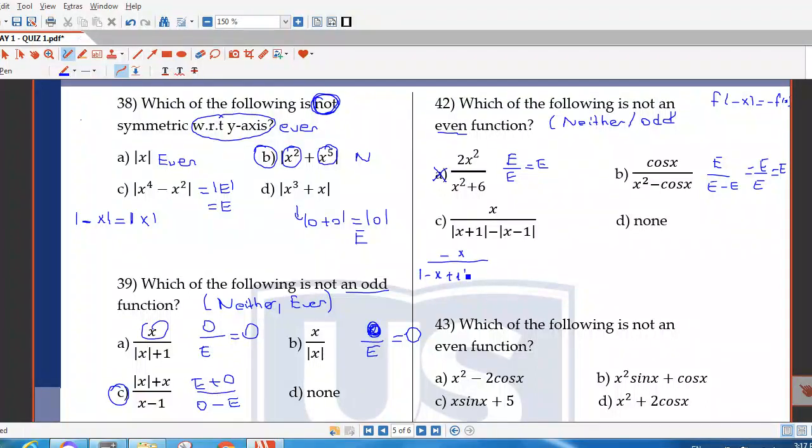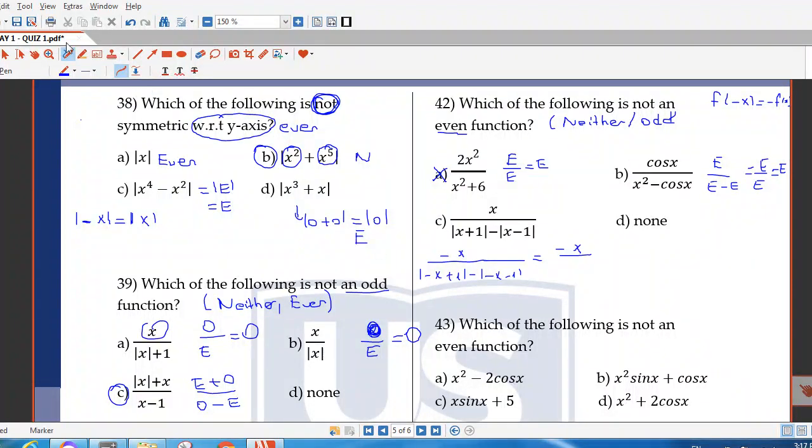Negative x plus 1 minus negative x minus 1. Of course, to decide, I have to do some simplification. To use the property which I mentioned in question 38, the absolute value of negative x is equal to the absolute value of x.